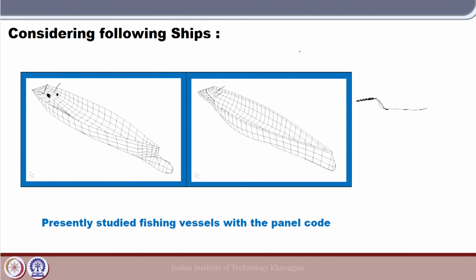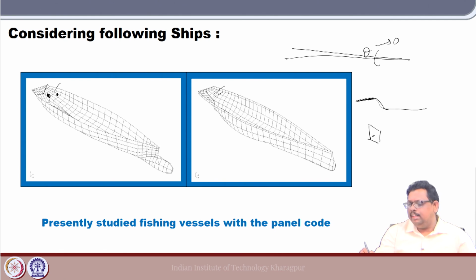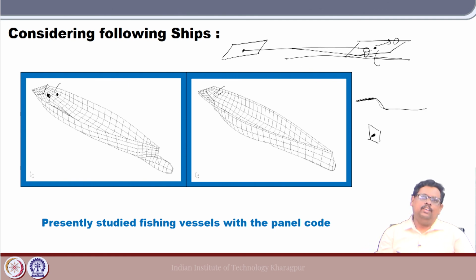Since both are in the same horizontal plane, this angle theta tends to 0. Now, if you have a vertical panel, this cannot be 0, it is impossible. It only happens for a horizontal panel. If this panel is also horizontal, only then can sin theta or mu go to 0. So, we understand this. This is the problem with the flared ship.